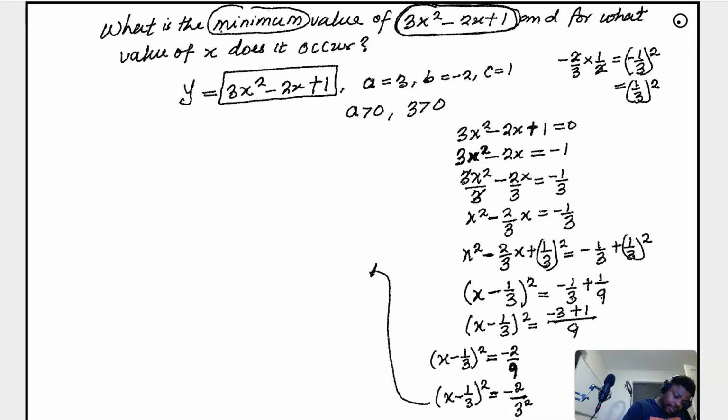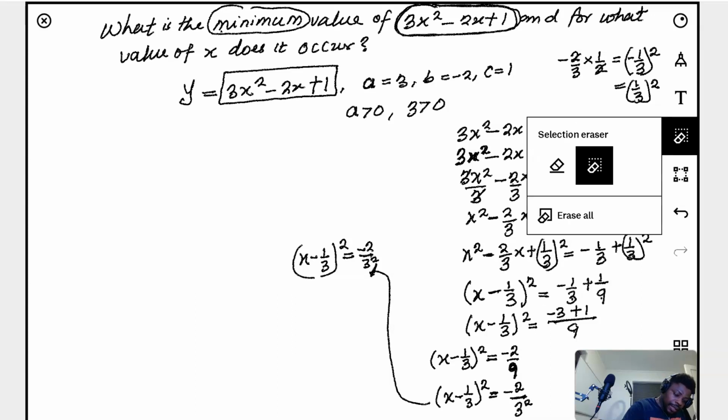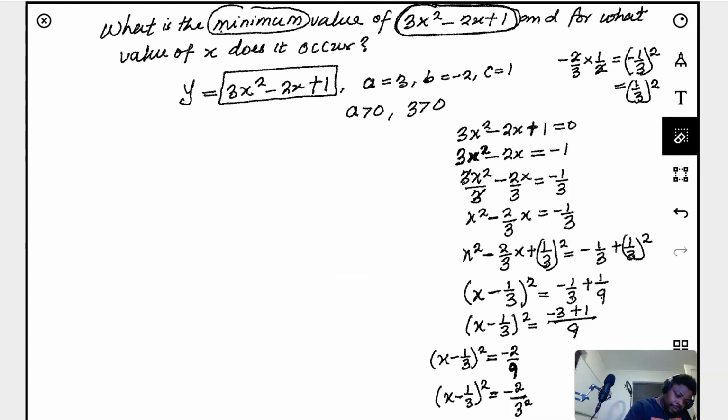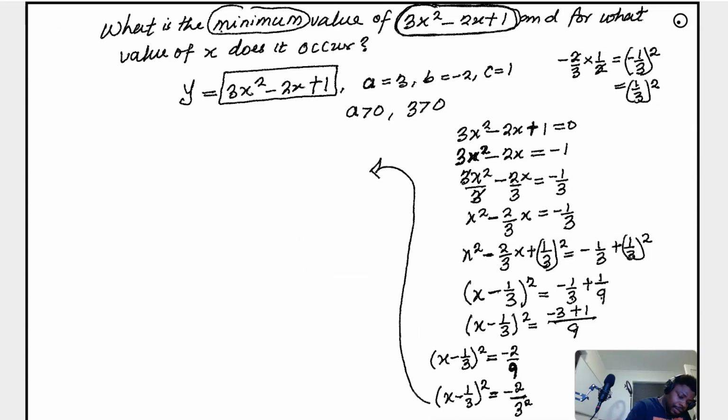So this is x minus 1 over 3 all squared is equal to minus 2 over 3 squared, right? Let me rewrite it very well so it's easier for us to follow through. So x minus 1 over 3 squared is equal to minus 2 over 3 squared, right?